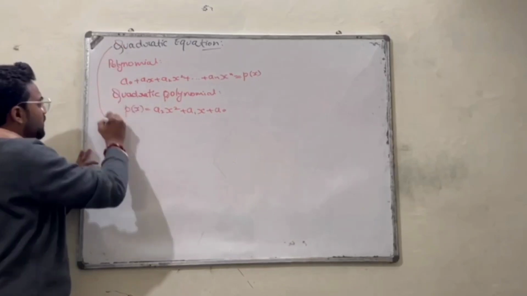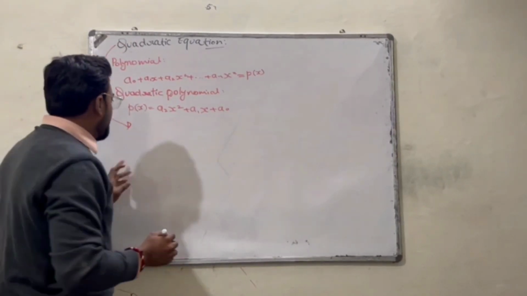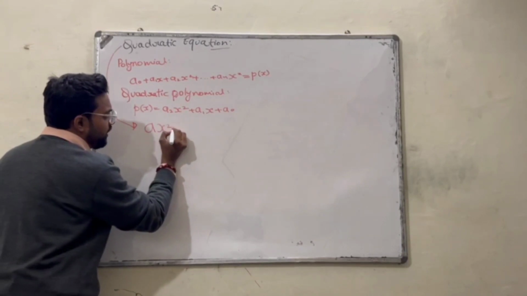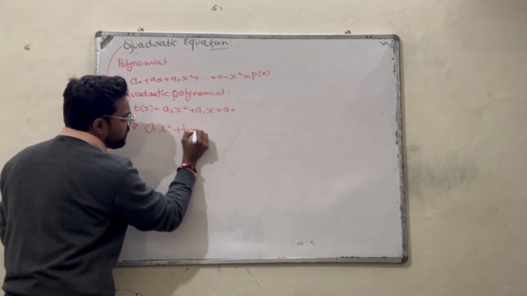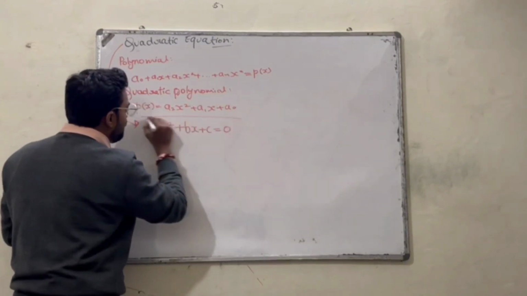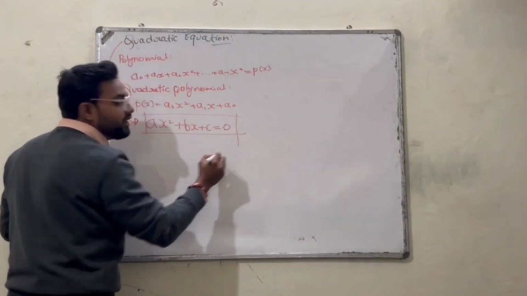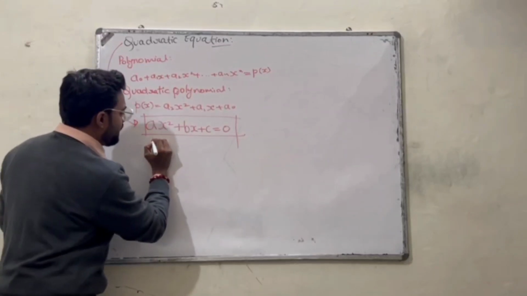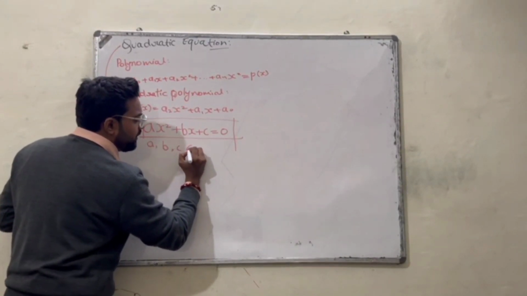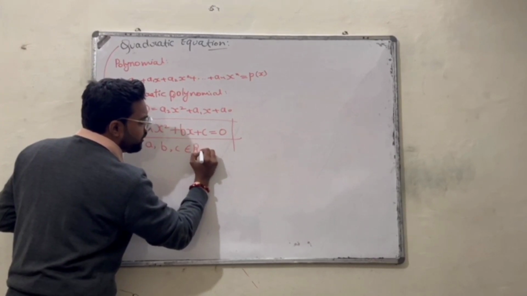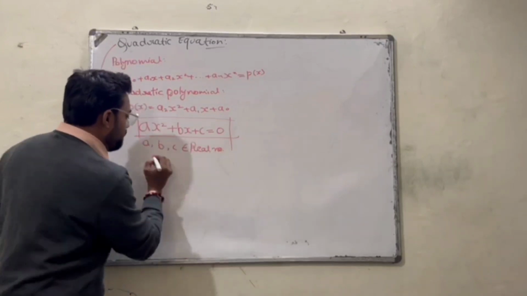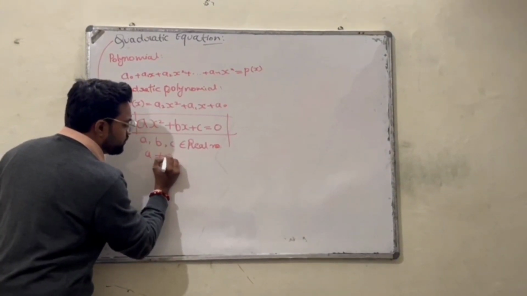An equation in the form of ax square plus bx plus c is equal to 0 is a quadratic equation if a, b, c belong to real numbers and a is not equal to 0.